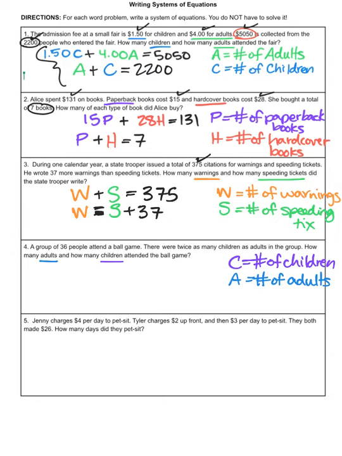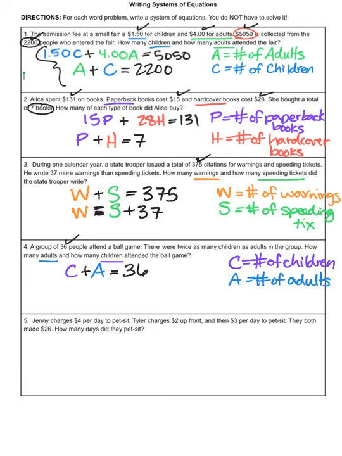Now let's look, we have a group of 36 people. So 36 is our only number that's written out as a number. So that means that however many children plus however many adults altogether totaled 36. I've used the number that's there. There is another number in here, but it's not written out as a number. It's in this sentence.